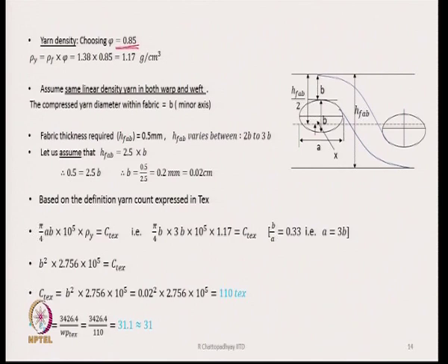Phi values, packing of phi values varies between 0.8 to 0.9. 0.9 is the maximum, a closed pack geometry of circular fibers. We can get a value of 0.9, otherwise it will be 0.8. It is all within the fabric. You have to remember, this is not outside the fabric.